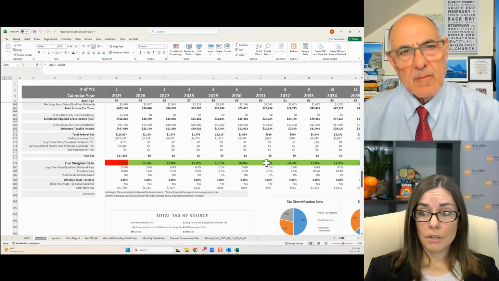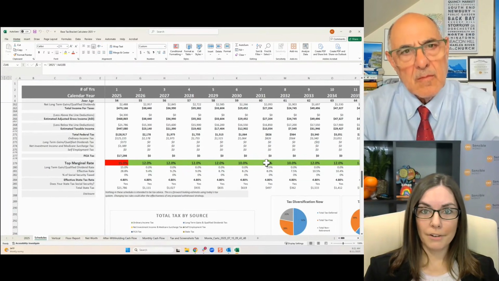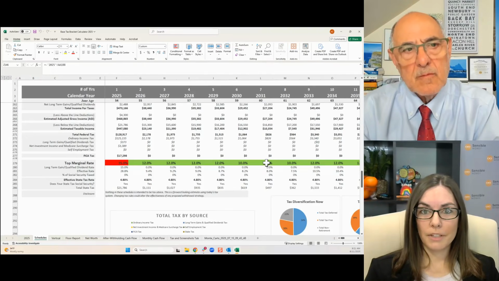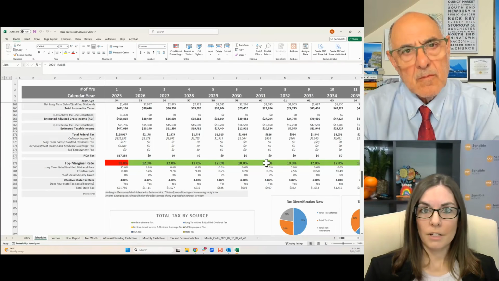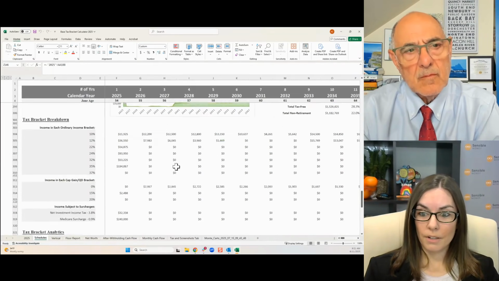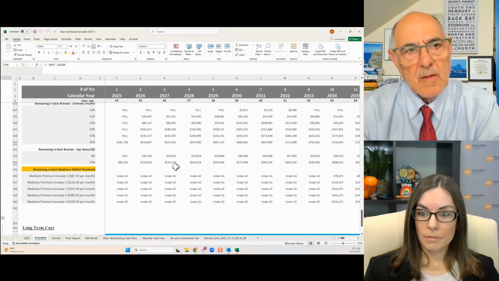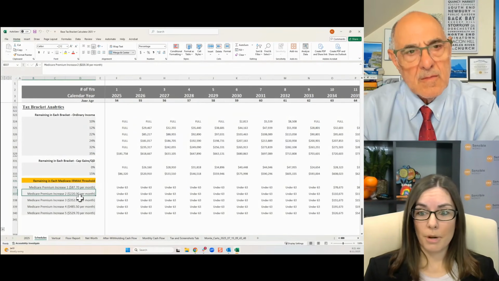Another big part of this analysis for us is Medicare planning. So income tax is one thing, but Medicare, IRMAA, income related monthly adjustment amount, we think of that similar to a tax. It's essentially like if your income is higher, you pay higher Medicare premiums. So what that looks like for her is if we come down here, we have this section for all the different IRMAA Medicare brackets.